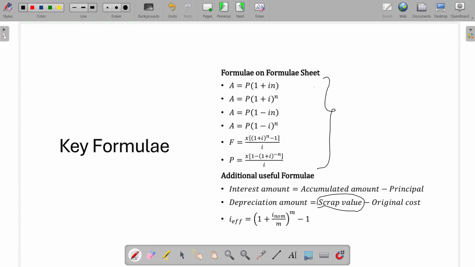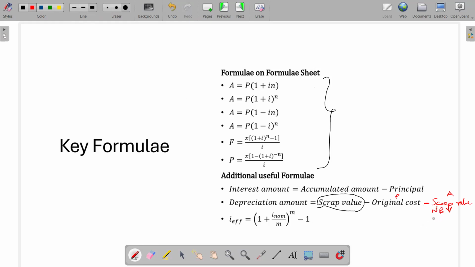it's supposed to be original cost minus scrap value. That one is original cost minus scrap value. And based on our variables, original cost is P, our scrap value is A. They can call it scrap value, they can call it book value, or they can use net book value.